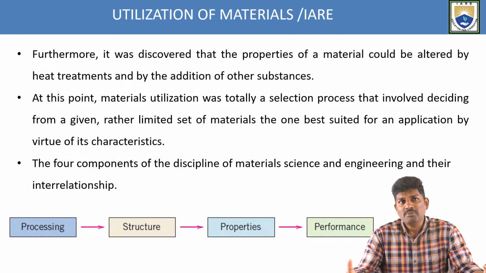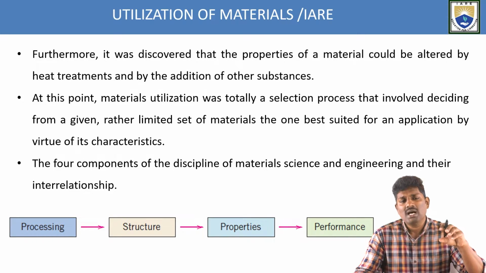Once you know the properties of the material, it is very easy to select the exact material for the required application. If the properties are not suitable for a given application, we have to improve the properties.